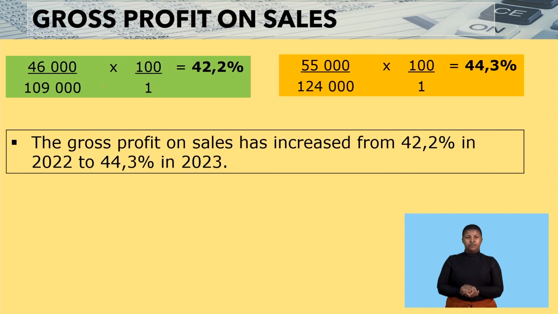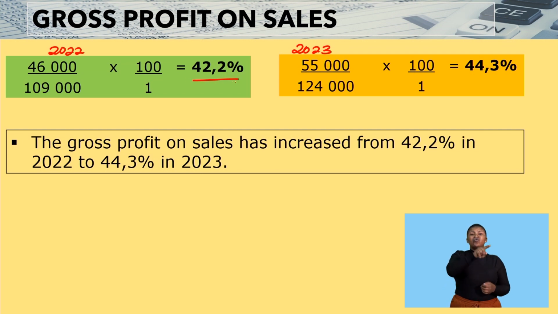Remember, for the first year, that is 2022, here is our 2022, and here is our 2023. When we compare, you will see that in 2022, the gross profit on sales was 42.2%. But in 2023, it is 44.3%.